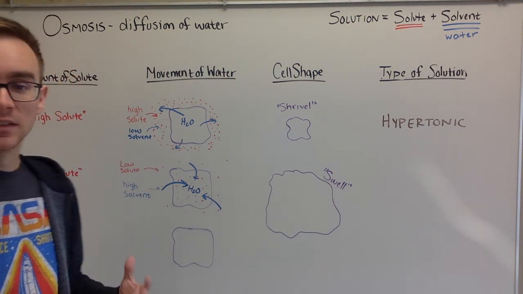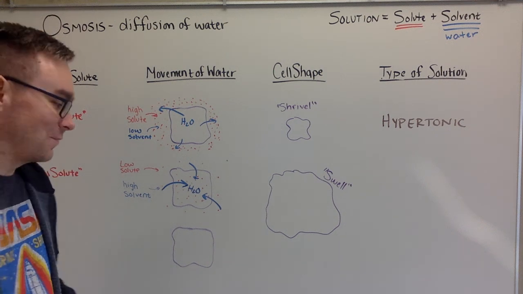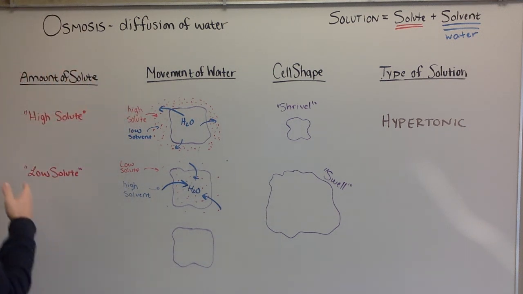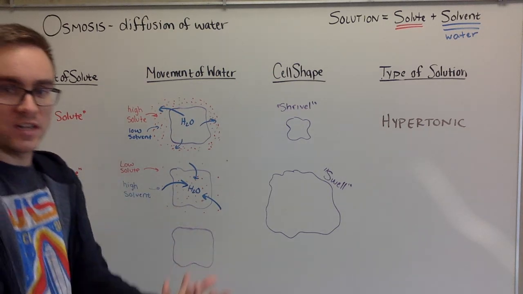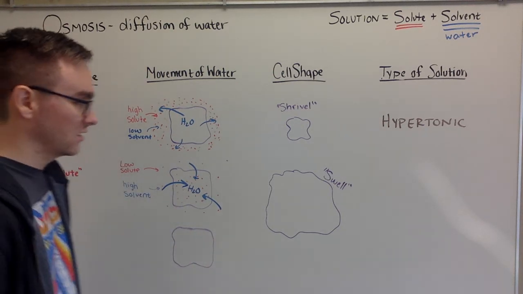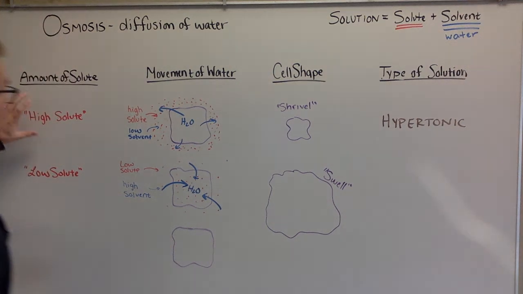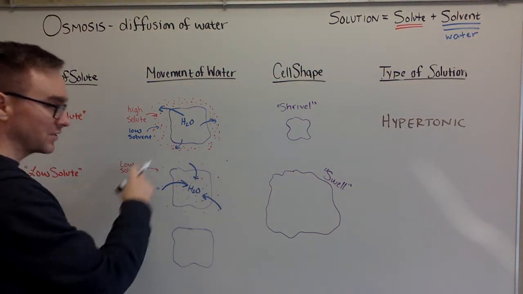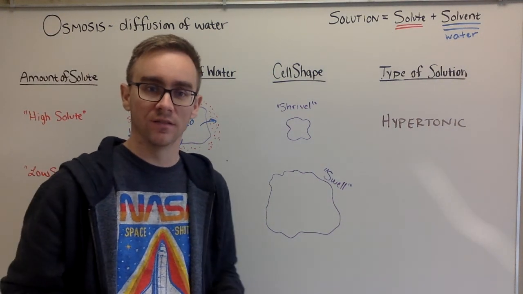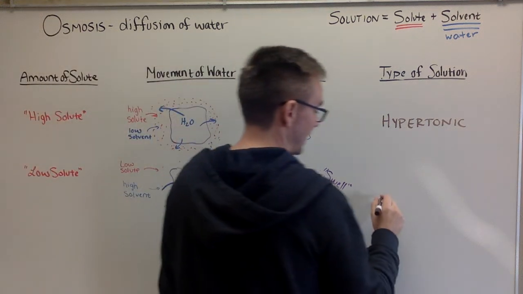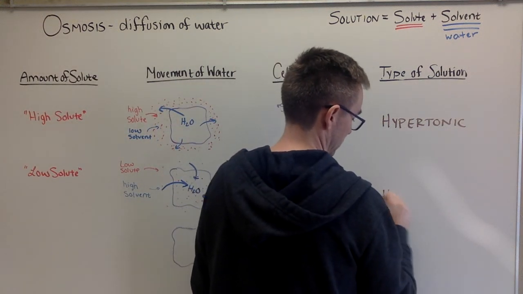Ooh, I drew that really big. All right. Sorry. It's going to get bigger. Because this is a low solute solution, it caused the water to rush in. When the water rushes in, this type of solution here, that's on this outside here, again, talking about perspective, is what we call a hypotonic solution.